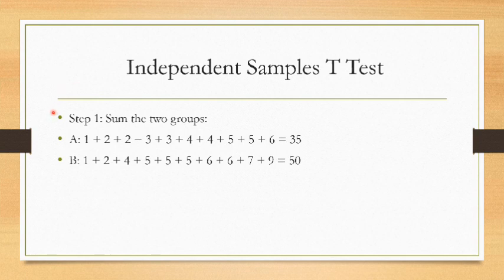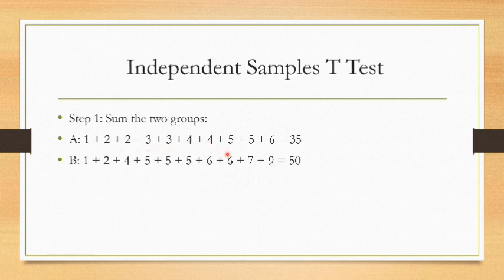Independent sample t-test. Step 1, sum the two groups. So, at this part, pagpaplasin natin lahat ng nasa set A, pati din sa set B, then yung equals nun is ayun yung magiging pinaka answer. Sa set A, we have 1 plus 2 plus 2 plus 3 plus 3 plus 4 plus 4 plus 5 plus 5 plus 6 is equals to 35.